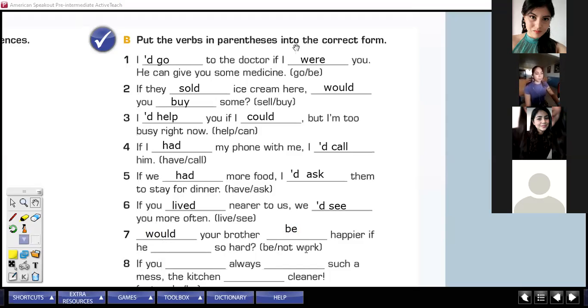He didn't work so hard. Excellent. Good job. So negative in past, didn't. And here you have the conditional. That's why you have if he didn't work. Conditional. Si no trabajara tanto. Number 8, please. Alejandro Perez.